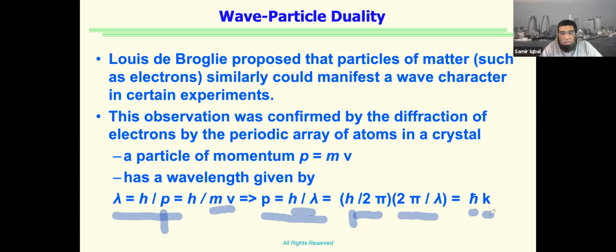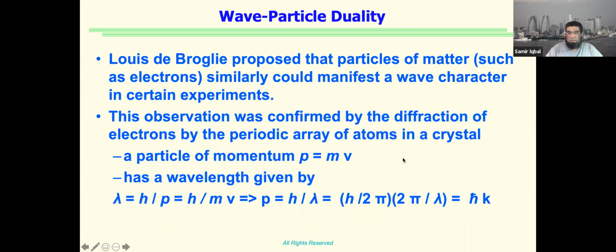We can use the dispersion relationship here as well and convert what we have done here. We have converted frequency into h over lambda. So this establishes some basic ground rules for us.